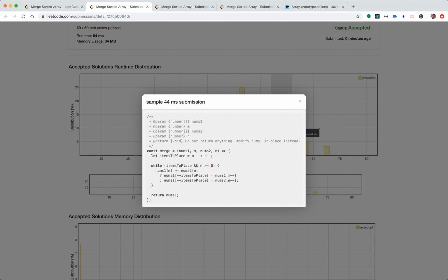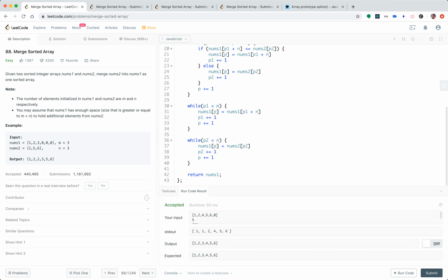Then if the first array is bigger, we say nums1 items to place equals nums1 m minus, else nums1 items to place equals nums2 n minus. So he's suggesting that we should do it in a different order.